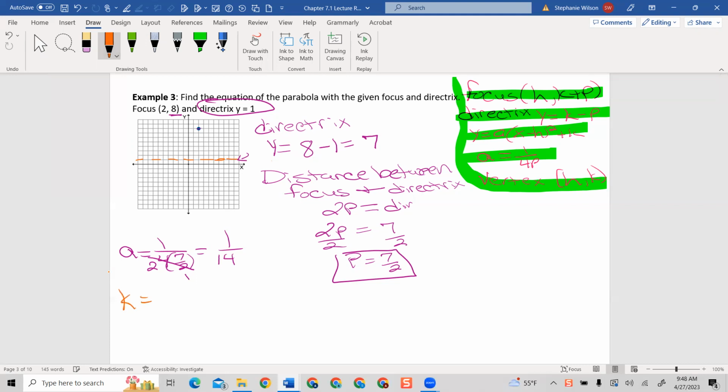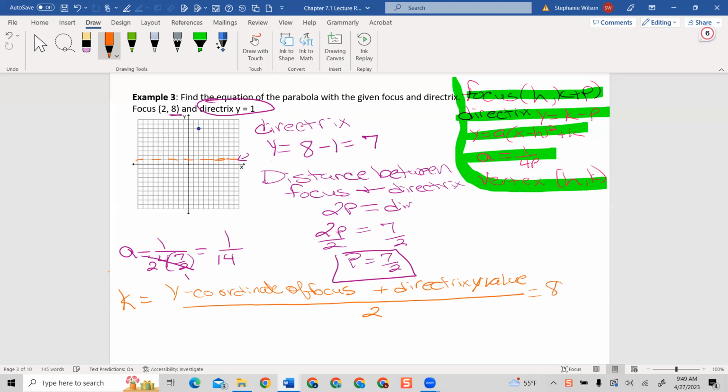Well, k is going to be my y coordinate of my focus plus my directrix y value, all divided by 2, which makes sense. I'm adding two together. It's like finding the average, right? So I got my y value, which is 8 for my focus, and my directrix, which says y equals 1, right? So we're going to add 1, all divided by 2. So that gives me k is equal to 9/2, right?